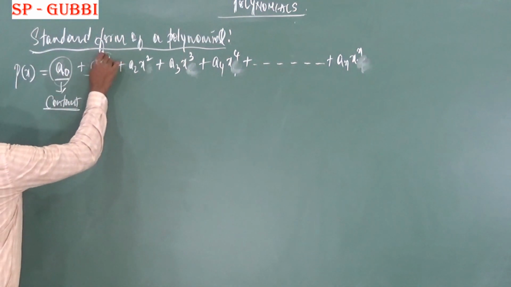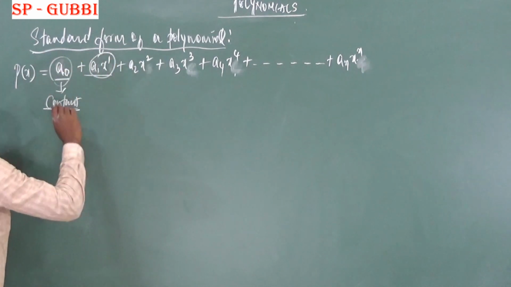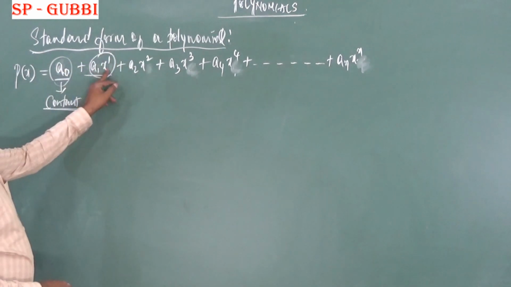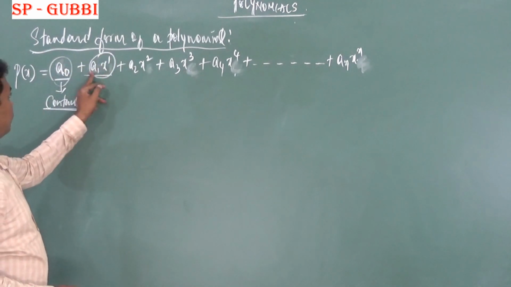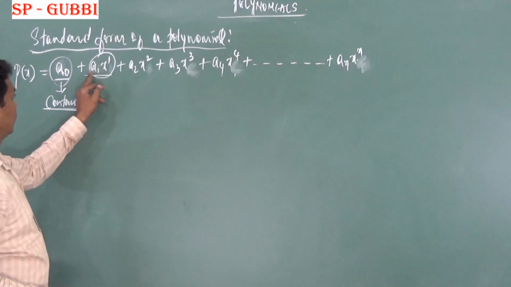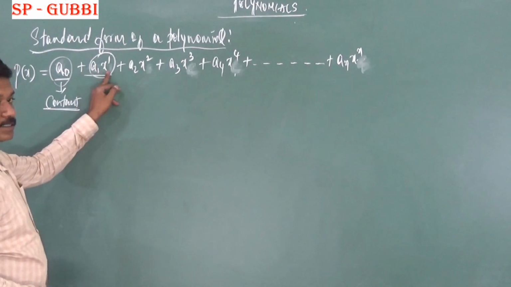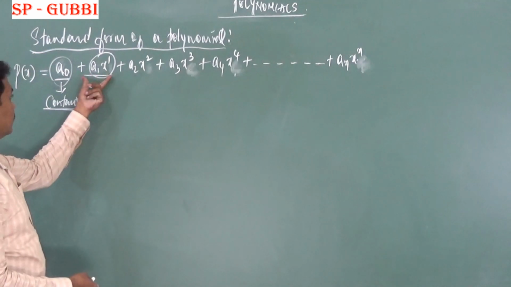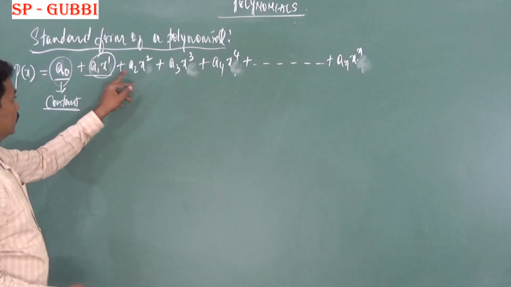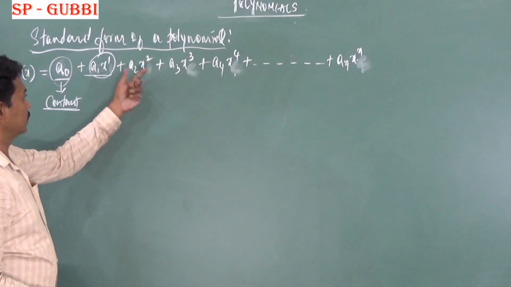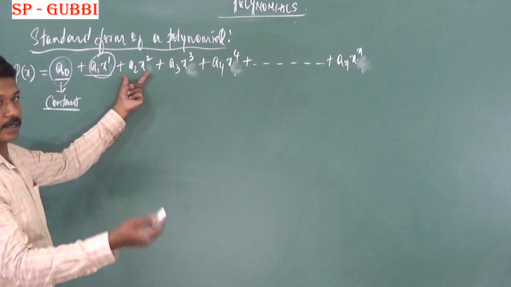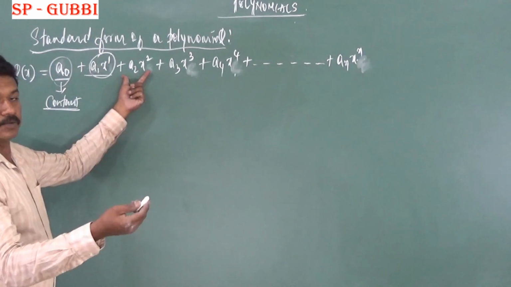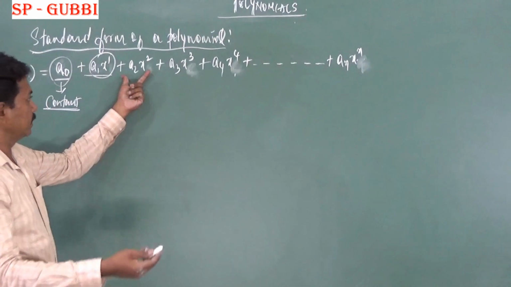A1 x is the term in the form of 3x, 5x, minus 8x, minus 10x, plus 11x, plus 200x. Those terms are represented by A1 x to the power 1. A2 x to the power 2 represents 3x square, 9x square, minus 6x square, minus 100x square, something like that.